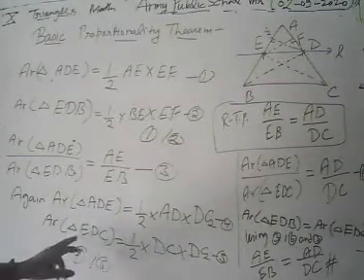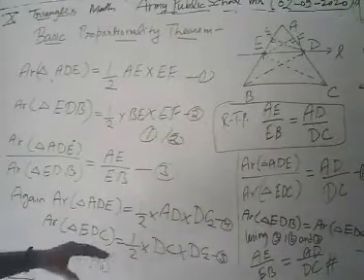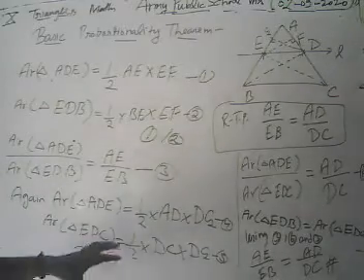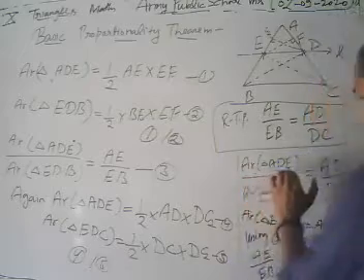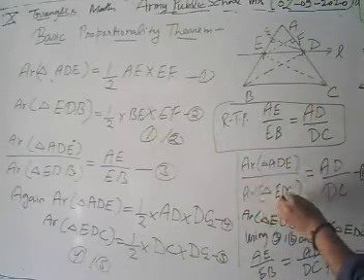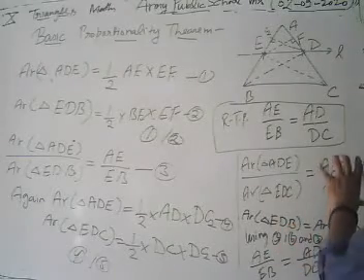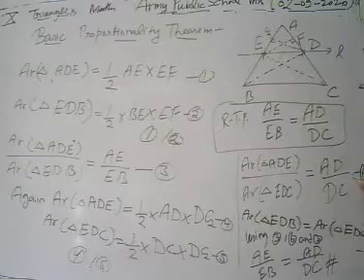Area of triangle EDC is equal to what? Half base DC and height. Then we divide equation 4 by 5. When we divide equation 4 by 5, we have the ratio of the area of triangle ADE to the area of triangle EDC is equal to AD upon DC, making this equation number 6.